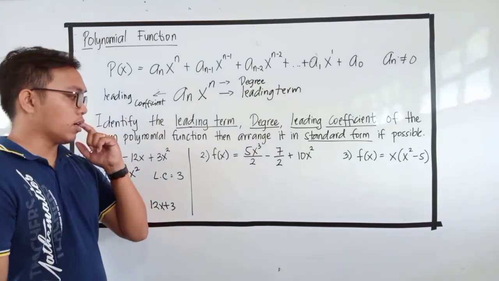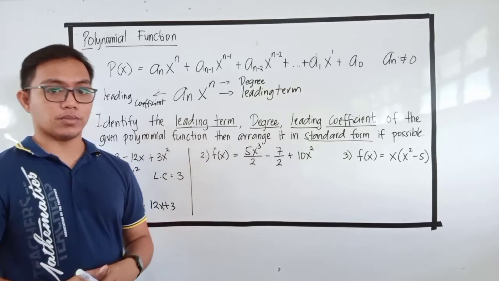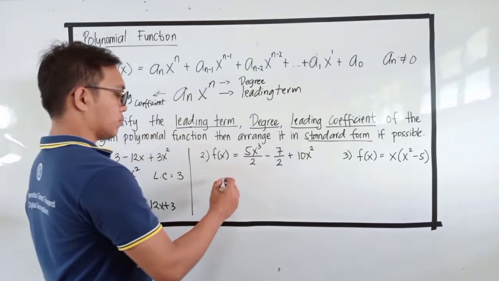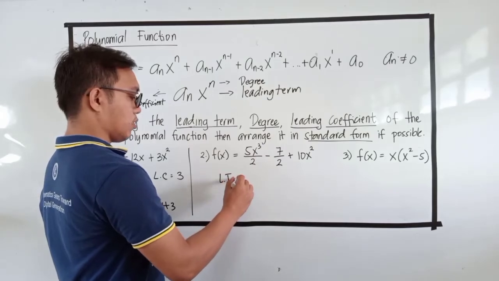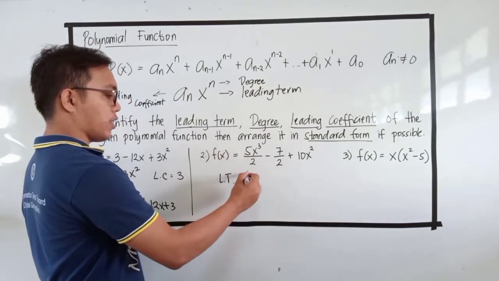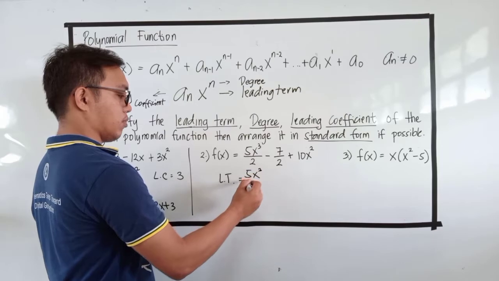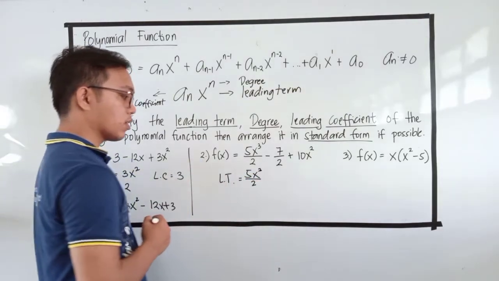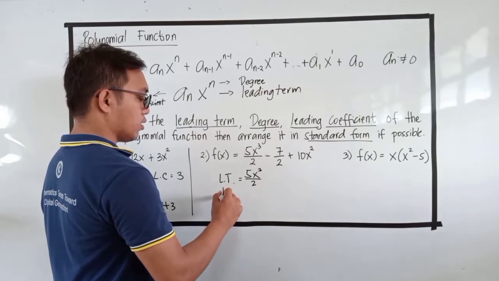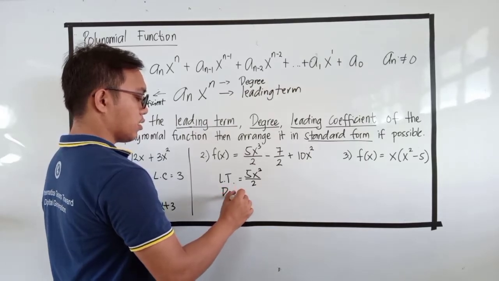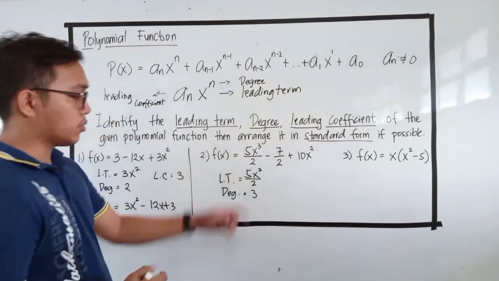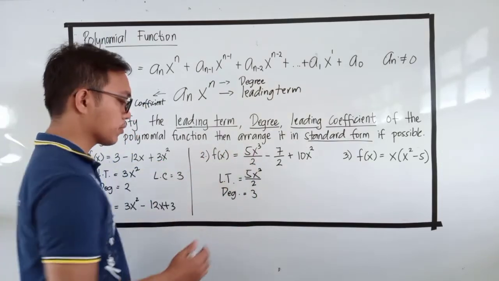Now let's work on example number 2. Here, the leading term is obviously 5x cubed over 2. The degree is 3, because of this cube.